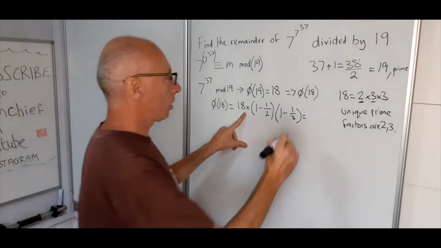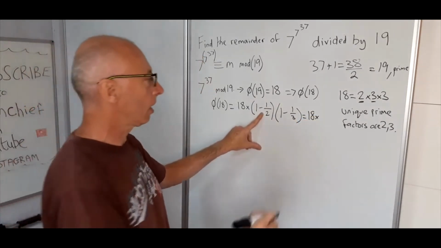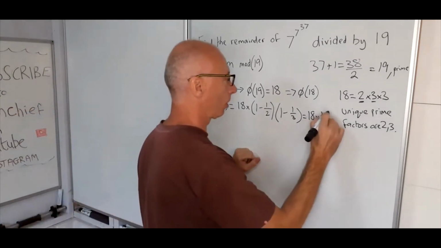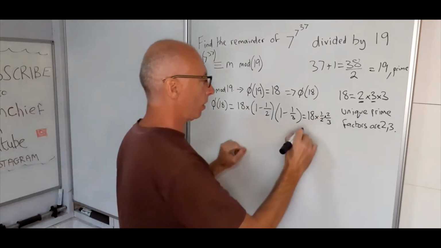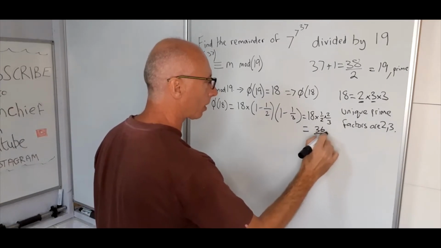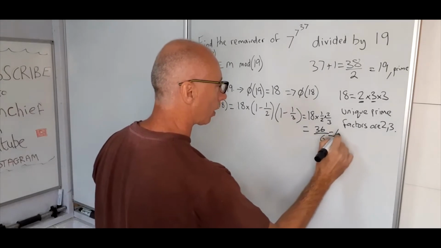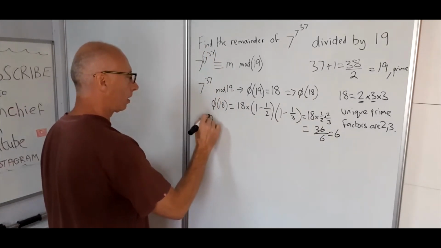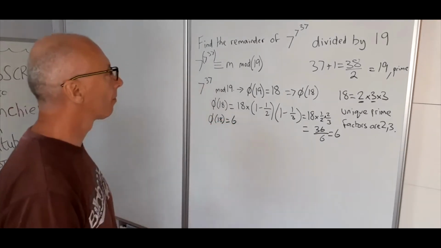Simplifying this, we get 18 times 1 minus a half, which is a half, and 1 minus a third is 2/3. So we've got 18 times 1 times 2, which is 36, divided by 2 times 3, which is 6. So it equals 6. Therefore phi of 18 equals 6.